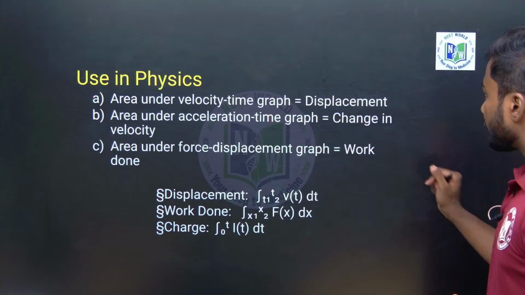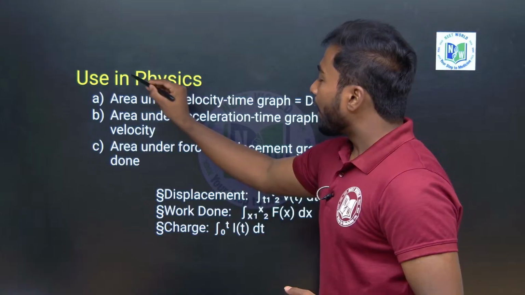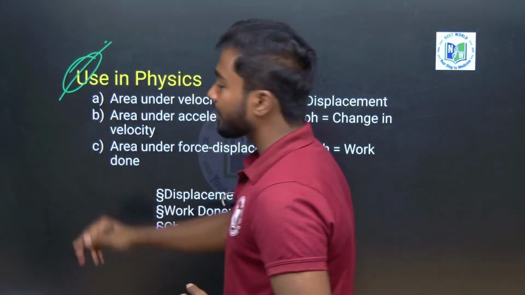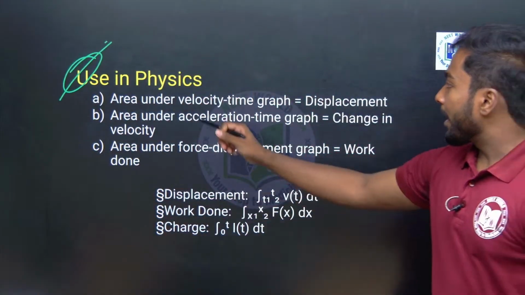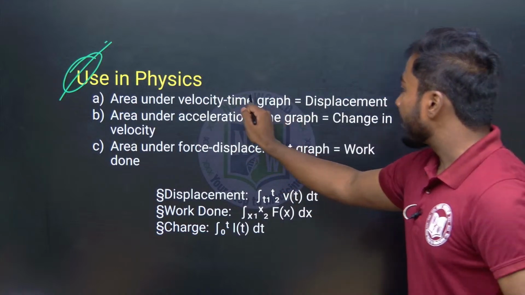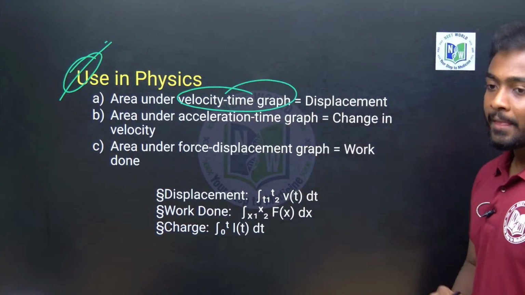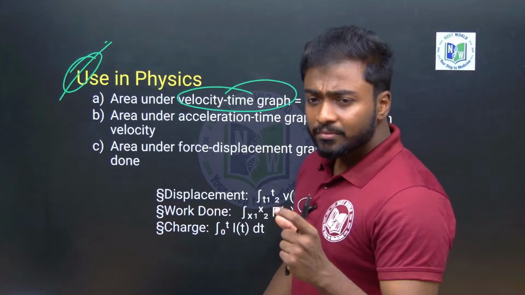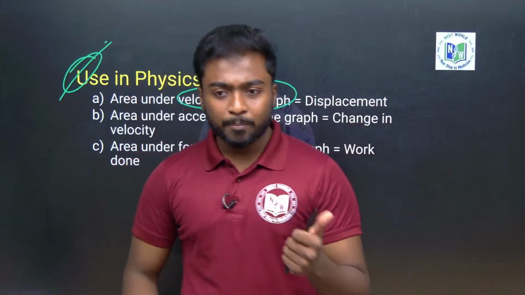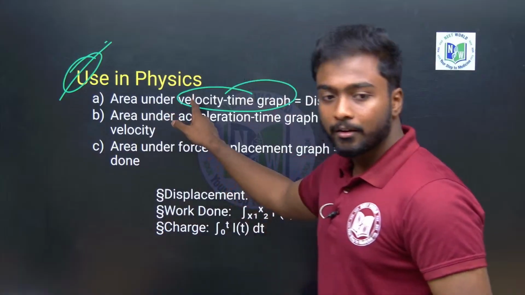Understood? Now, how definite integrations are used in physics. So area under velocity time graph gives displacement. So we have seen that if I take an equation in displacement, I get velocity, right?